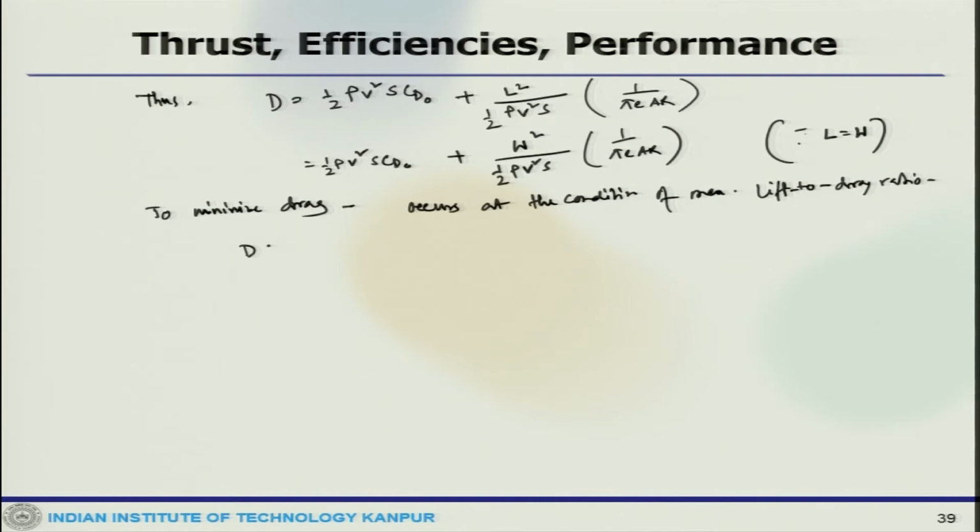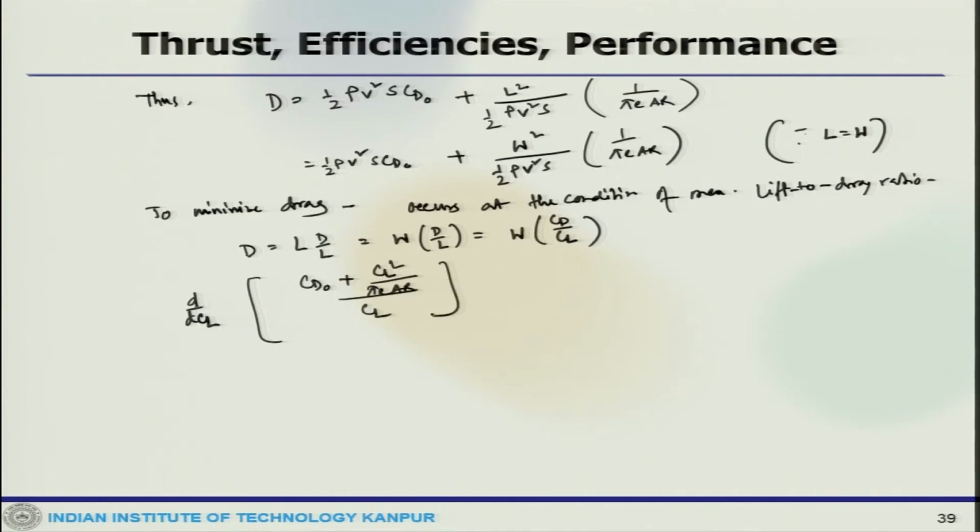So D is W times C_D by C_L. Now we can find the maximum lift to drag ratio by setting d by dC_L of (C_D0 plus C_L square by pi E AR) by C_L to be 0. This is for the maximum.